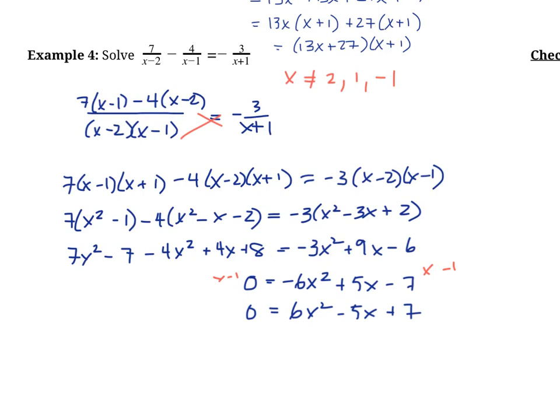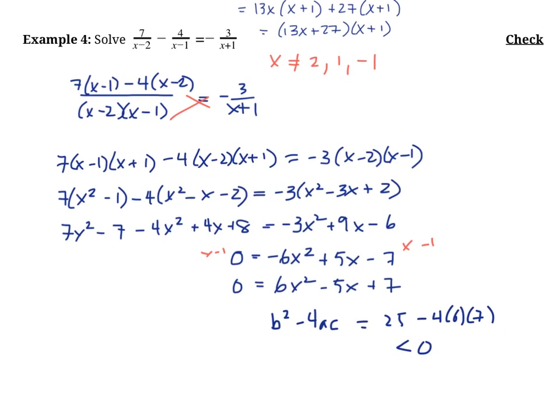So here's our final polynomial. Now, can we factor this? You can try, but if we do a quick check with the discriminant, b squared minus 4ac, that's going to give us 25 minus 4 times 6 times 7, and that's obviously going to be less than 0.